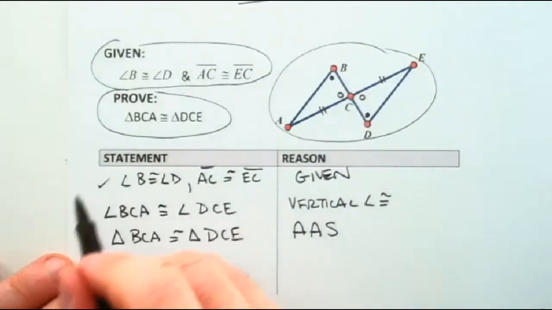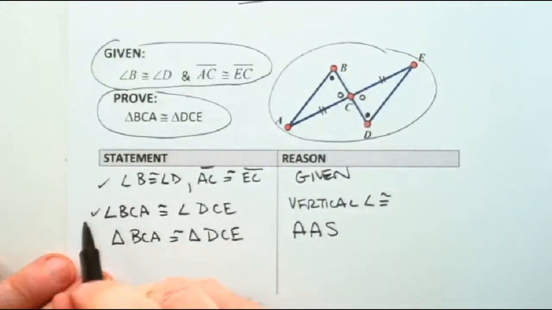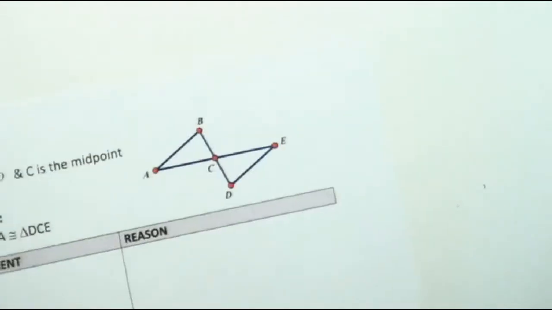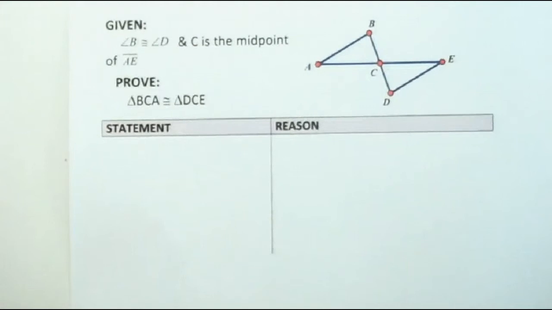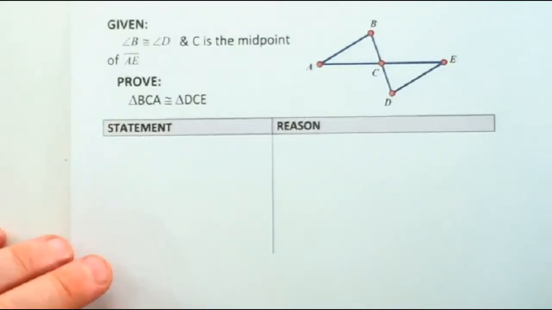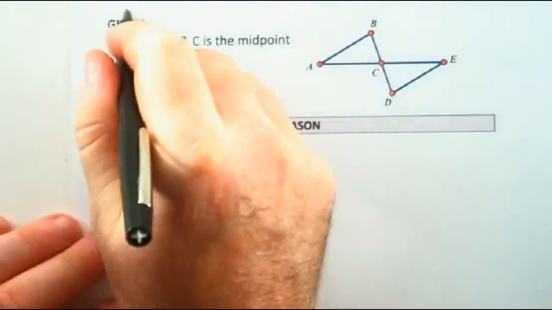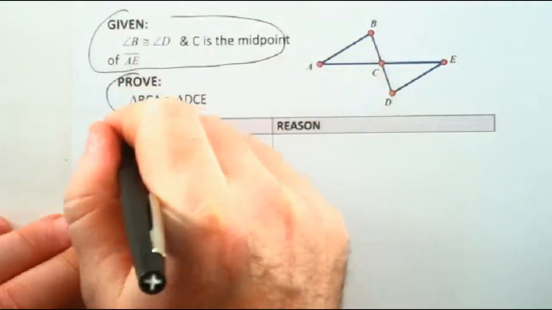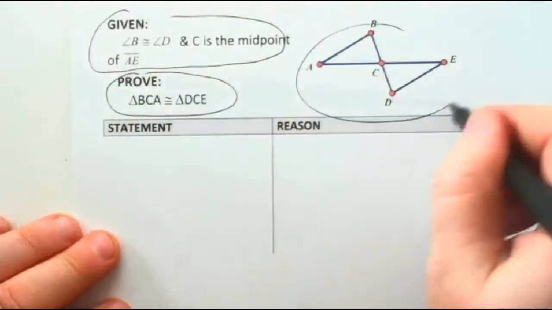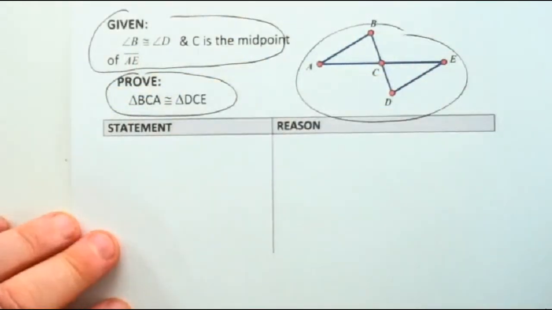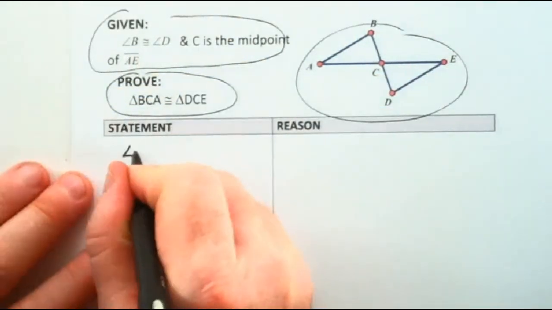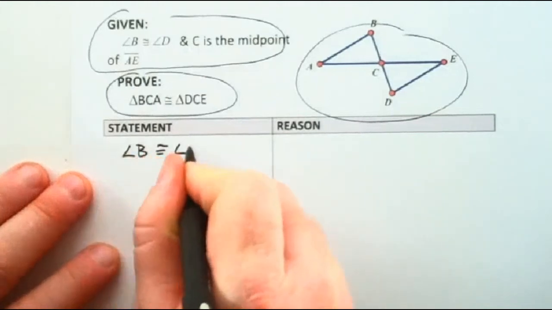Usually you start with your givens, establish usually 1 or 2 new things, and then sum up the congruence. One more example, just slightly different, and I want to show you how to work with this. Again, we have our givens, we have the things they want us to prove, and we have a diagram to help us. I'm going to write down the givens just as they gave them to me.